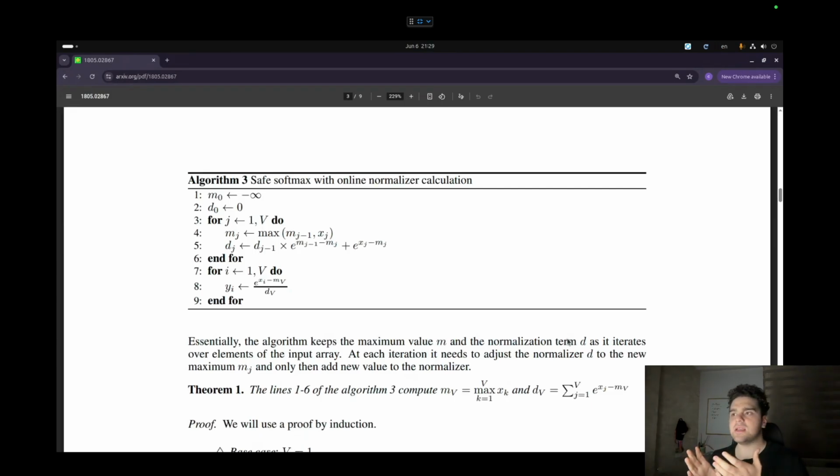The implementation of this online softmax is not that easy on the hardware, because as you can see, we will always need to take exponentiation, and exponentiation needs a numeric way to be calculated, or you can have lookup tables.